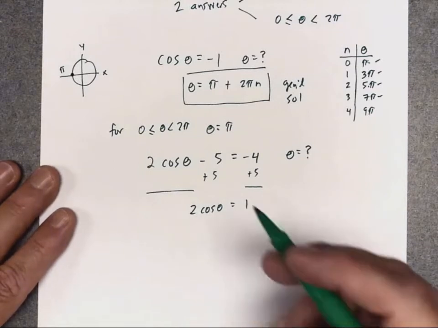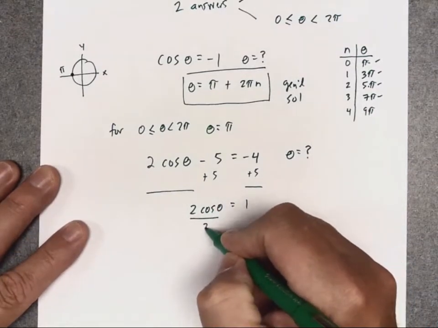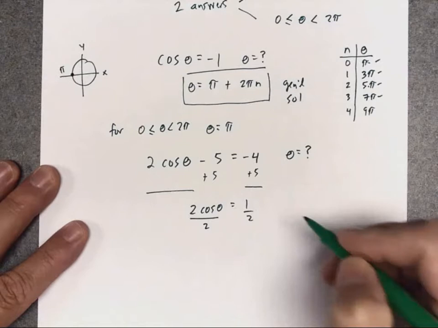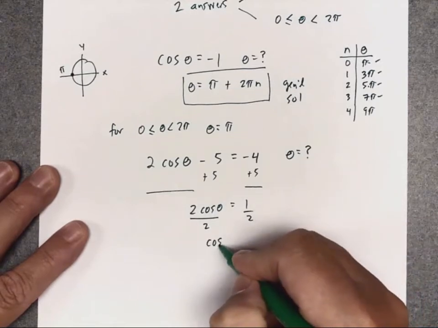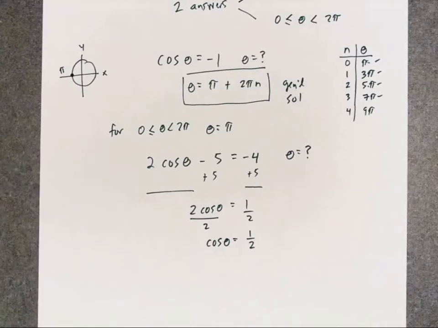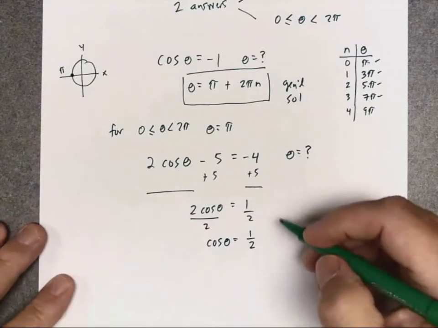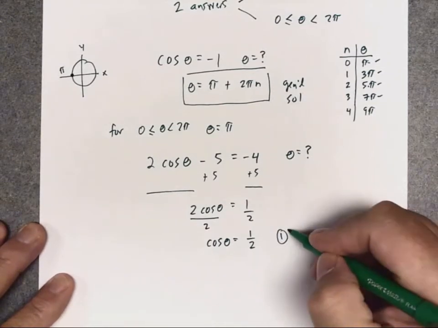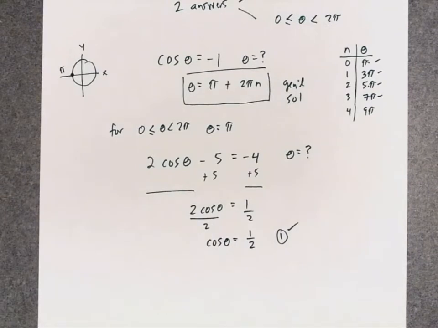I've got this 2 here. So I'm going to get rid of that. So I'll divide both sides by 2. So now step 1 is complete. I have the trig function by itself on one side.